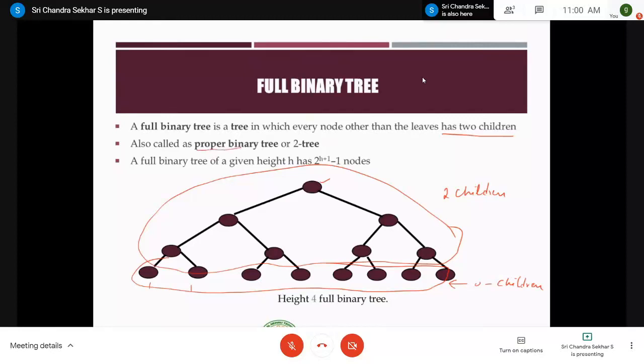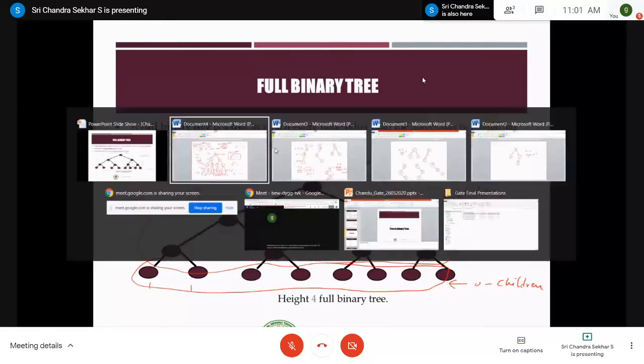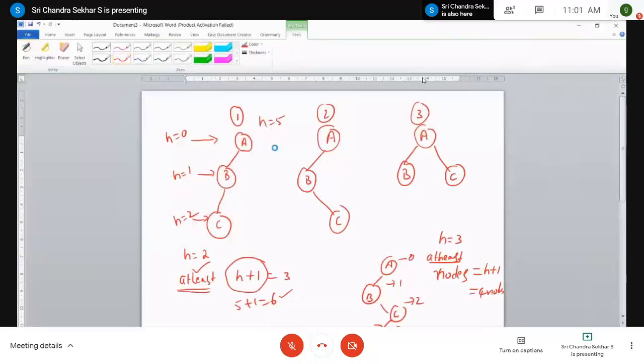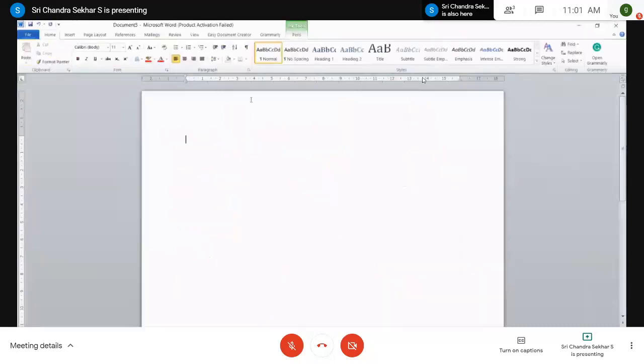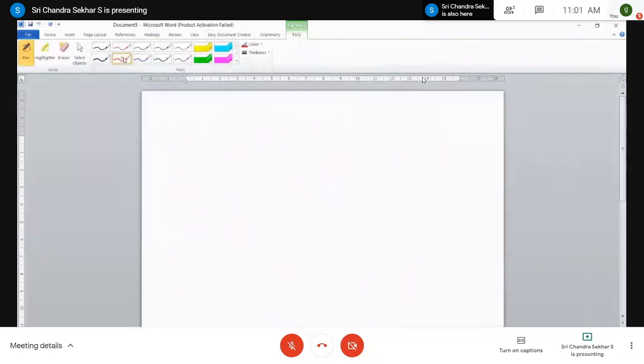Let me give a difference between a proper binary tree and a full binary tree. There is a simple difference. A full binary tree says that every node in the tree should have 2 children other than leaves. For example, I draw this diagram.